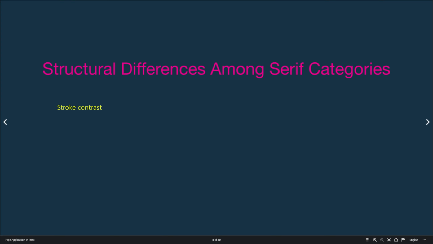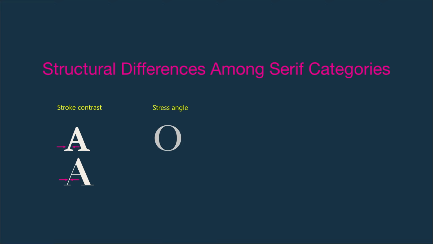Serif fonts can differ in four key structural ways. First, stroke contrast. Some fonts have very subtle differences between thick and thin lines, while others have strong, dramatic contrasts that catch the eye. Next, the stress angle. This is the direction of emphasis in curved letters, which can be perfectly vertical or slightly slanted, giving a different feel to the text.